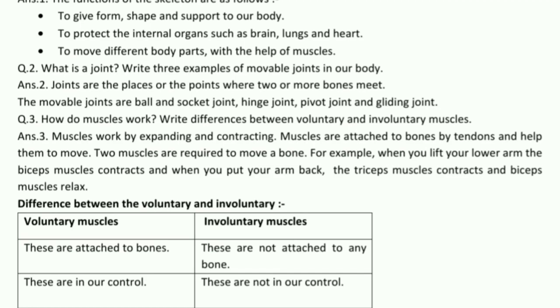For example, when you lift your lower arm, the biceps muscle contracts, and when you put your arm back, the triceps muscle contracts and the biceps muscle relaxes.